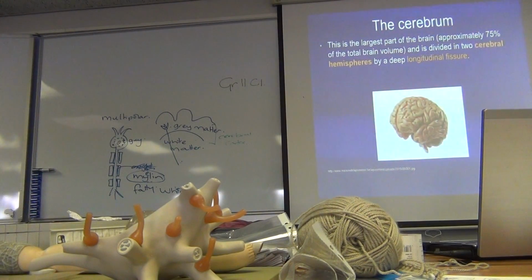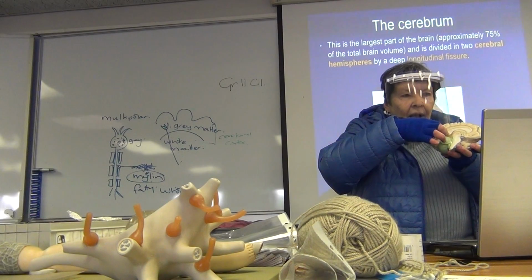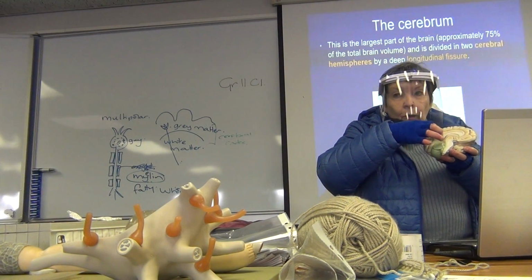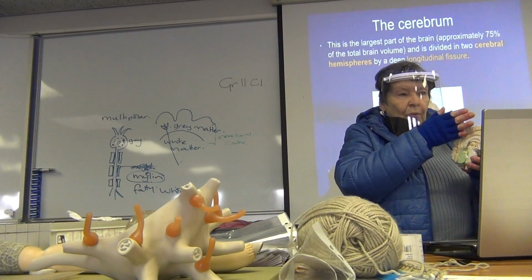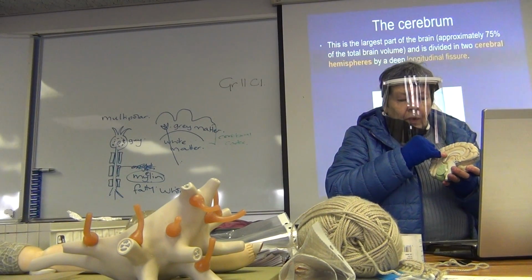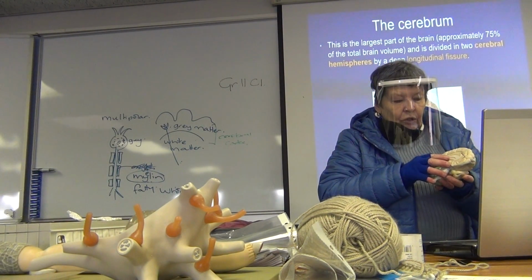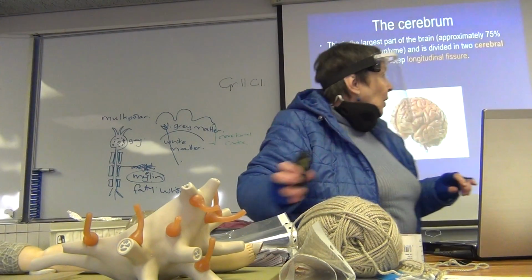Okay, so there's a very deep groove there that is divided into a left and a right half, and it is separated all the way to this band of white tissue here, which is known as the corpus callosum, so that you would be able to take something and put it down through the center of the brain, and it would go as far as that little band of white tissue there, the corpus callosum. Okay, everyone happy with that? Okay, all right.